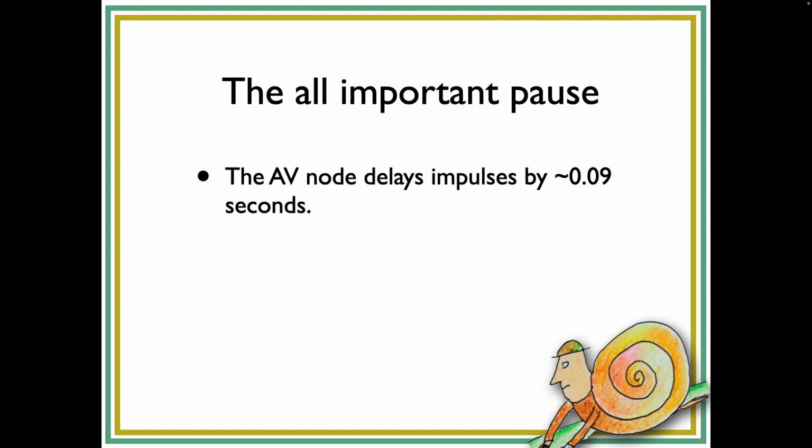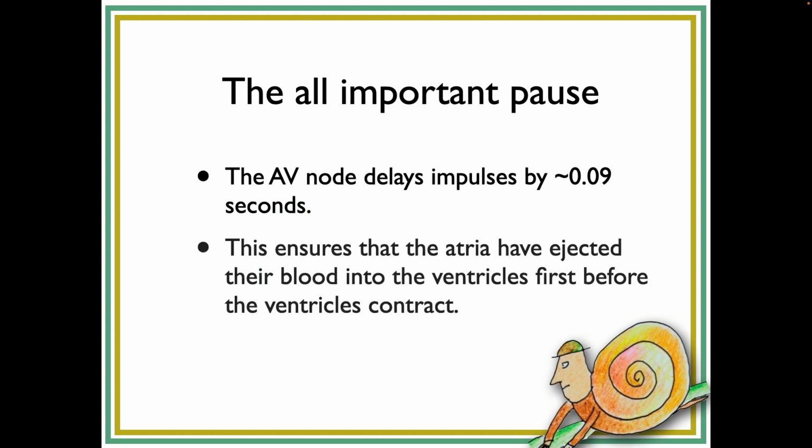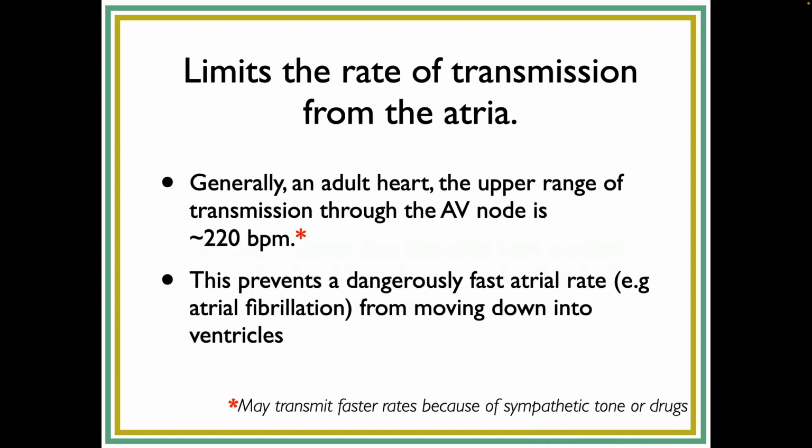By the way, don't memorize 0.09. It's really important you have the concept of pause, but you don't have to know exactly how long it is. So, as we've said, this ensures that the atria have ejected their blood into the ventricles before the ventricles contract. A little bit more, and that limits the rate of transmission.